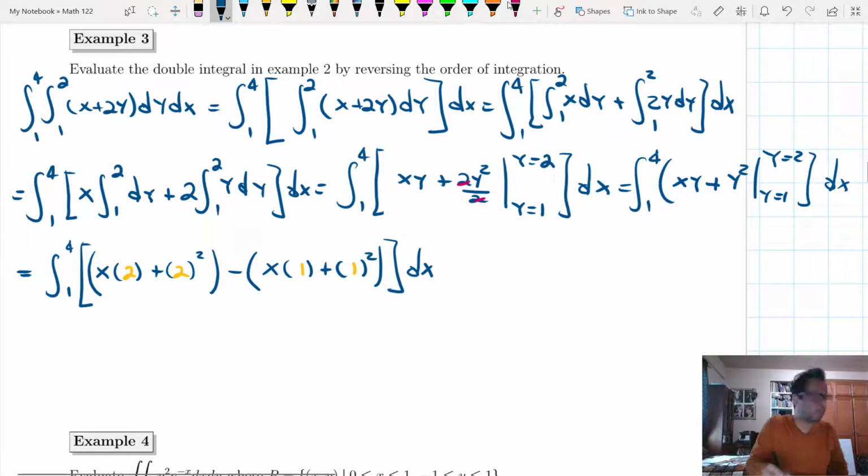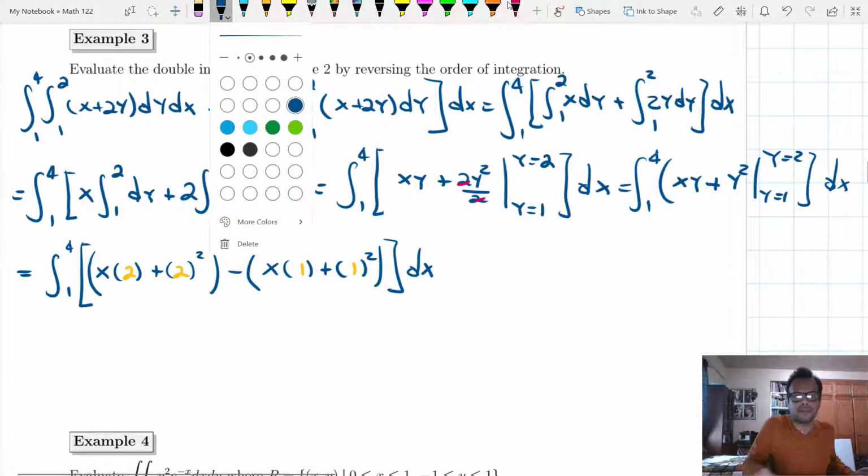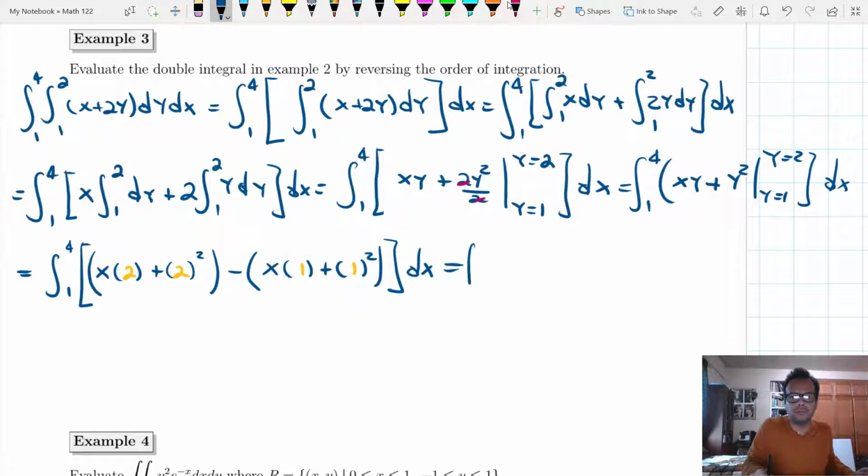Okay, this simplifies really easily, right? So we are going to have the integral from 1 to 4 of 2x plus 4 minus x minus 1.